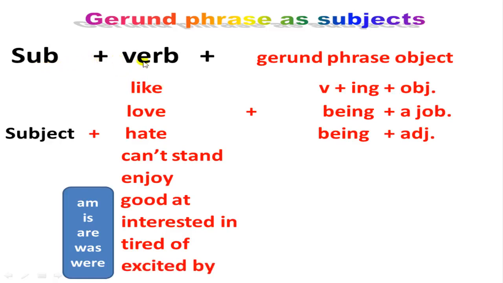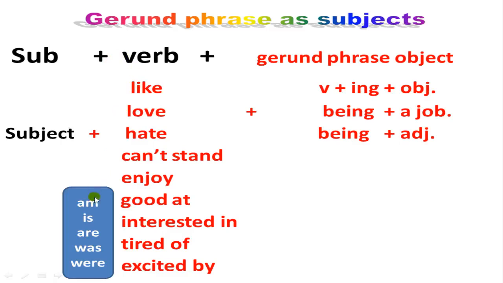Sentence: subject, verb, object. But this object is going to be a gerund phrase object. Verb plus ing is a gerund, and it's a phrase object. Subject here, the verb: like, love, hate, can't stand, enjoy. This is the verb.